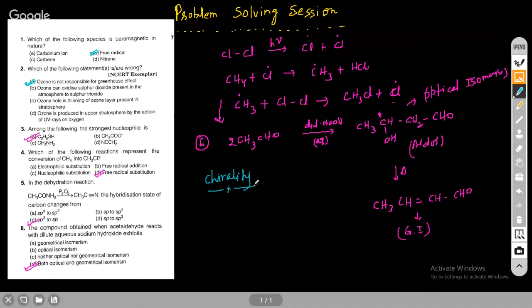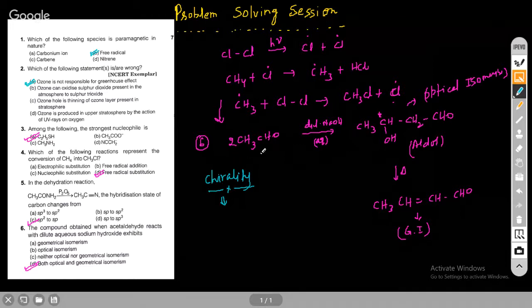The condition is this: when the molecule is chiral, it is said to be optically active. And what is a chiral molecule? When it cannot be divided into two equal halves. If the molecule is not divisible into two equal halves, it is said to be a chiral molecule, right?